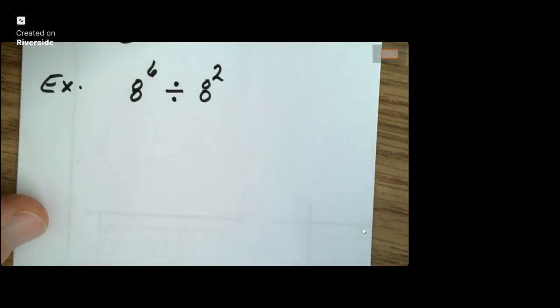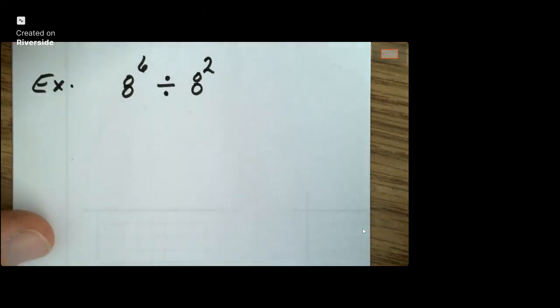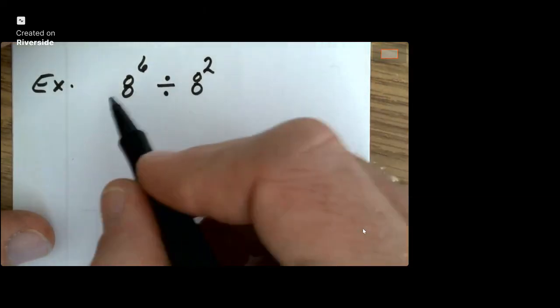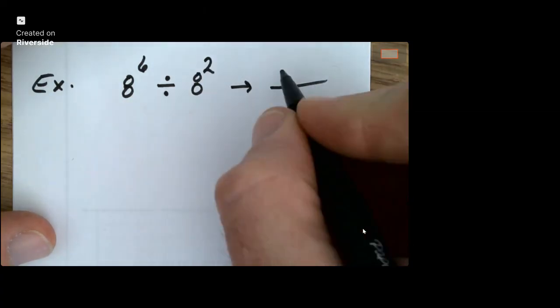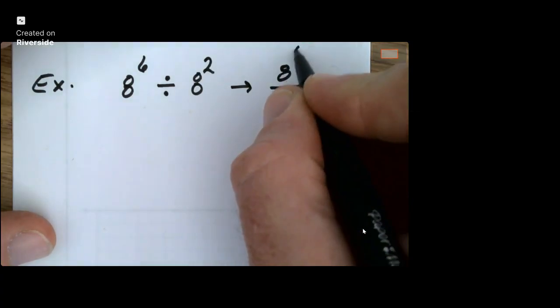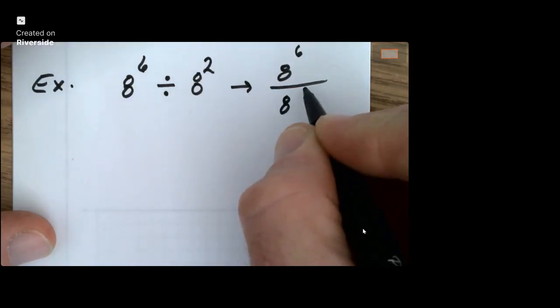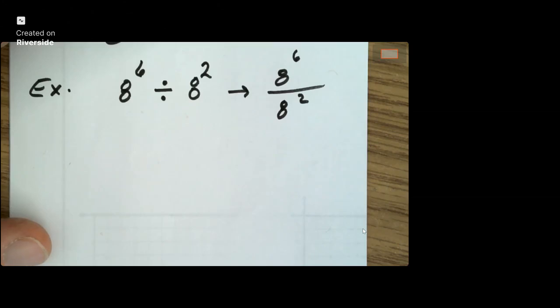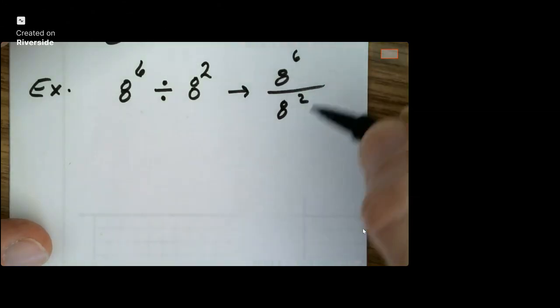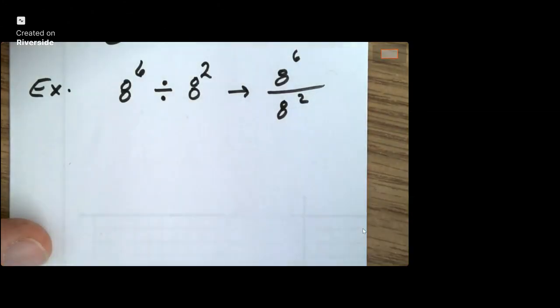So 8 to the 6th power, let's say, divided by maybe 8 to the 2nd power, or we could say 8 squared. So in that case, again, we're dividing powers with the same bases, right? I always like to picture this as being a fraction. So those two would actually be the same. Those would be equivalent expressions. Me personally, I like seeing it written as a fraction, but either way, it's the same, right?